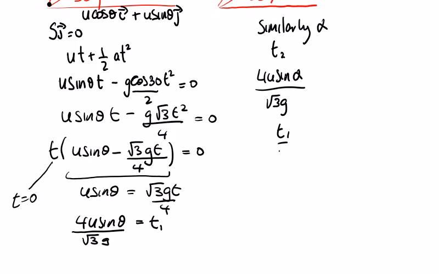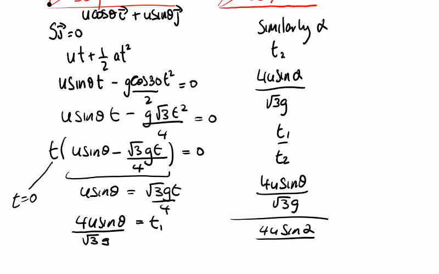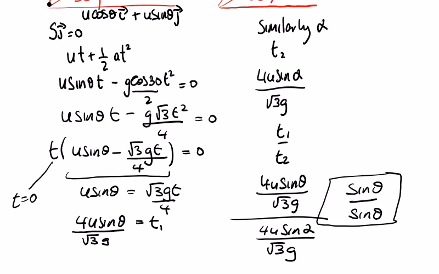So time 1 over time 2 is 4u sine theta over root 3g divided by 4u sine alpha over root 3g, and everything cancels apart from the sine theta and the sine alpha. So that's what we've been asked to show in part 1.